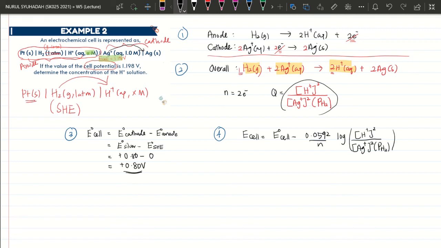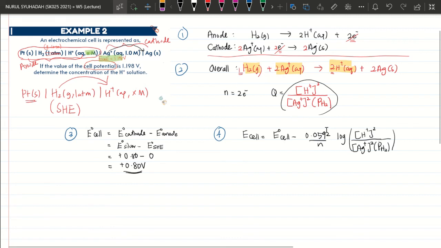Some of you might wonder, is it compulsory to write down n equals 2 and Q over here? No, it's not compulsory. You can straight away write it down in step number 4, but you need to make sure that you write the correct expression. I just write it down for you over here so that you can see the two pieces of information. We get it from the overall equation.